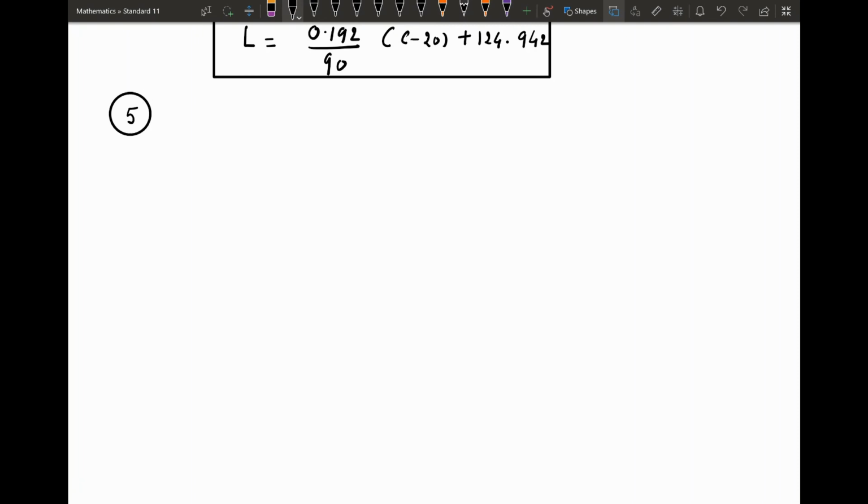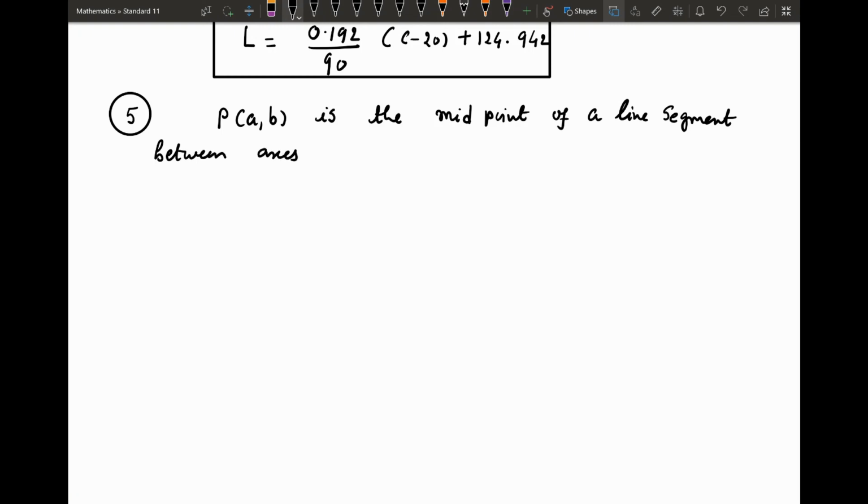Fifth one: P(a, b) is the midpoint of a line segment between the axes. Show that the equation of the line is x by a plus y by b equal to 2.